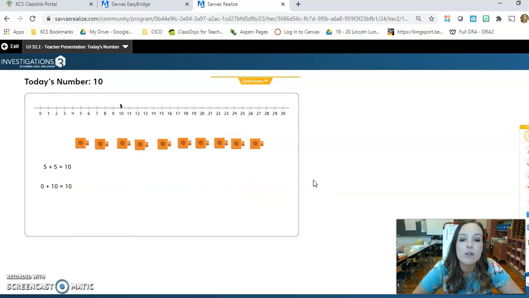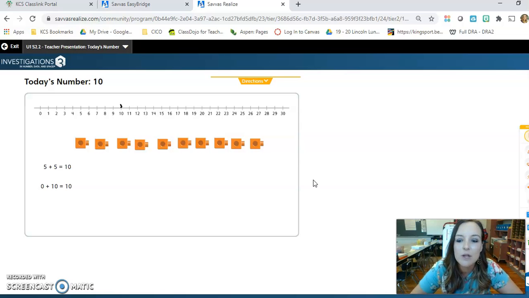So I want you to take a few minutes. You'll need to write this either on the side of your math workbook or maybe on a separate piece of notebook paper. I want you to think of some more equations that could equal 10. So right now we're doing addition. If you also think of some subtraction equations that equal 10, that would be very cool also.